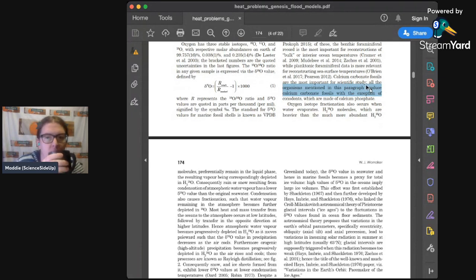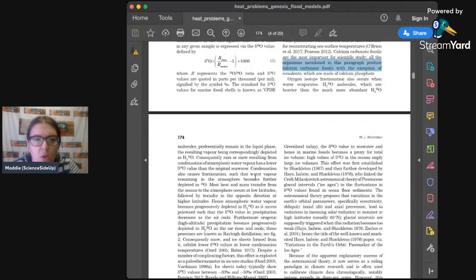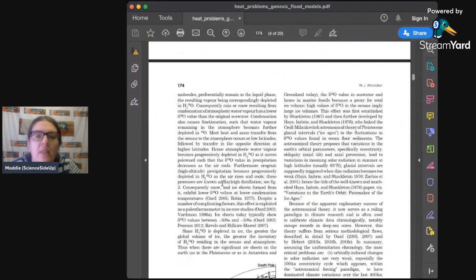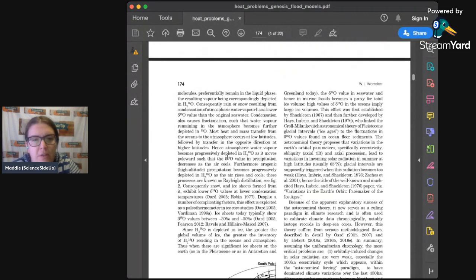Oxygen isotope fractionation also occurs when water evaporates. H2O, it's just water molecules, but specifically O18, which are heavier than the more abundant water with oxygen 16 molecules, preferentially remain in the liquid phase, the resulting vapor being correspondingly depleted in oxygen 18.